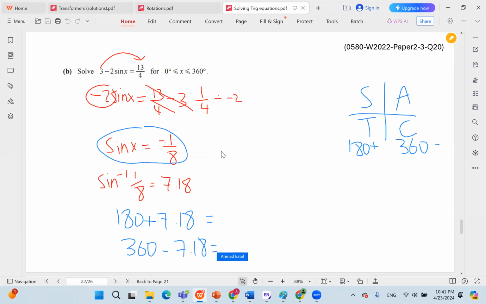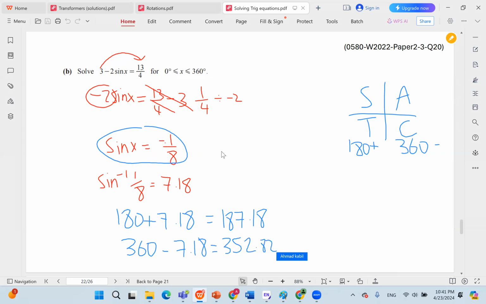180 plus 7.18 gives us 187.18. 360 minus 7.18 is 352.82.